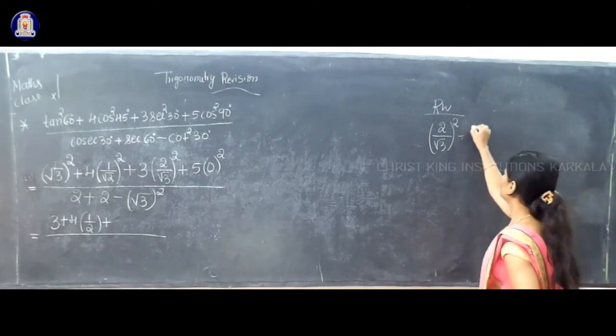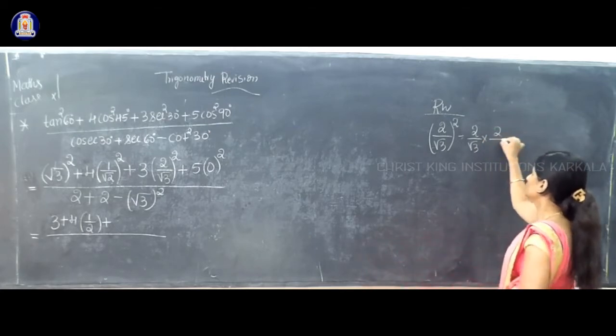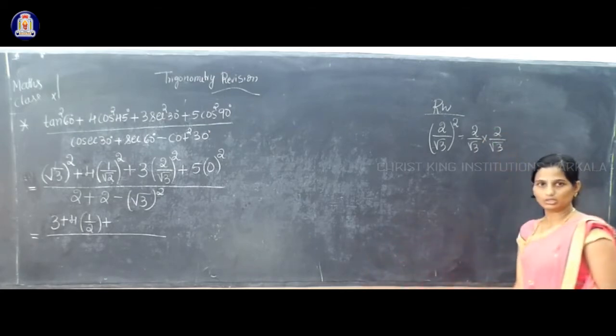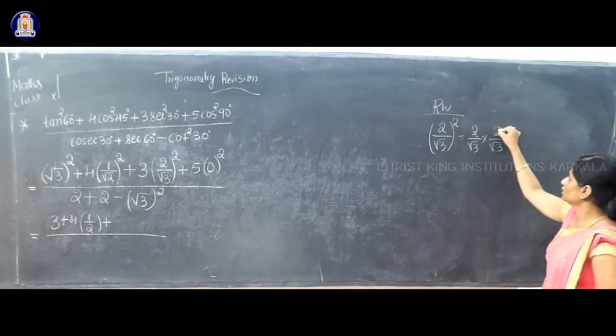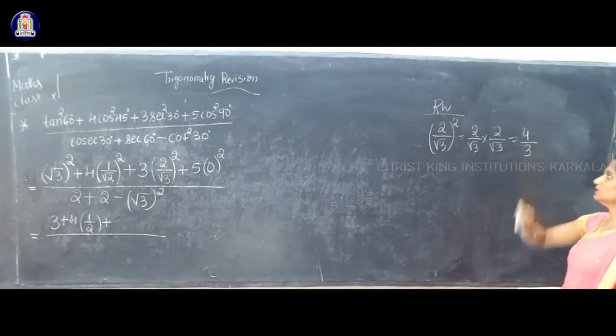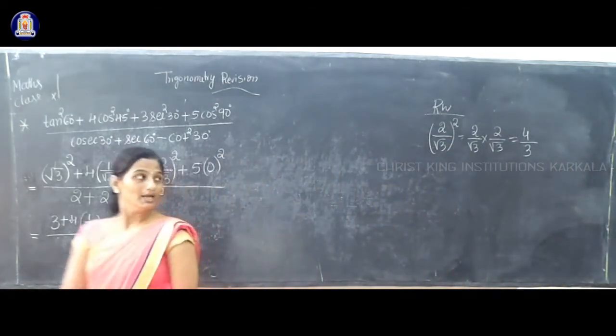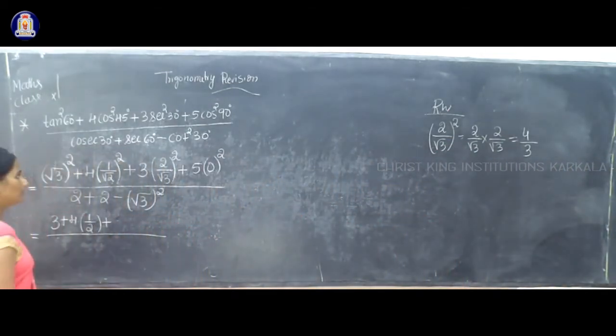How to simplify? 2 divided by root 3 into 2 divided by root 3. 2 into 2 is 4, root 3 into root 3 is 3. So the answer of 2 divided by root 3 whole square is 4 divided by 3.